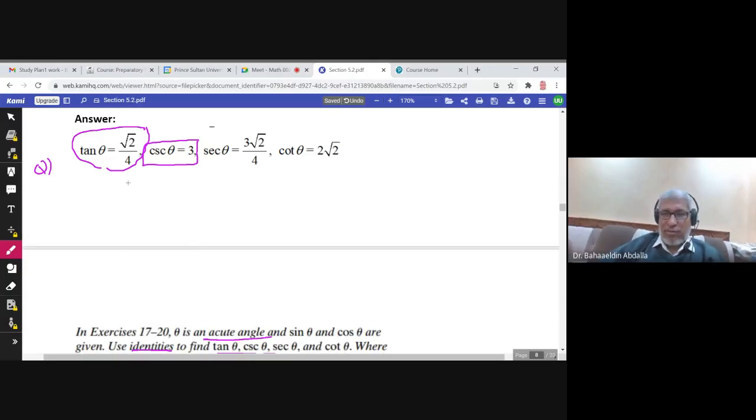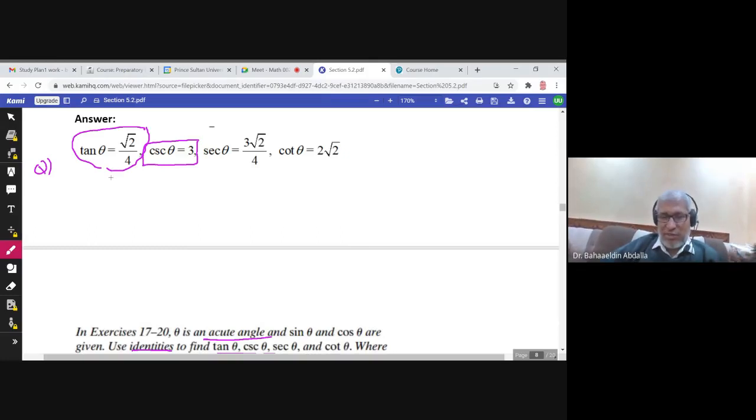Okay, I know cosecant, so sine would be 1 over 3. So I have sine. Cotan would be 4 over square root of 2, and I multiply by the conjugate. So I have sine and cotan. What do I need to find here? Cosine. Okay, how to find cosine using quotient identities?